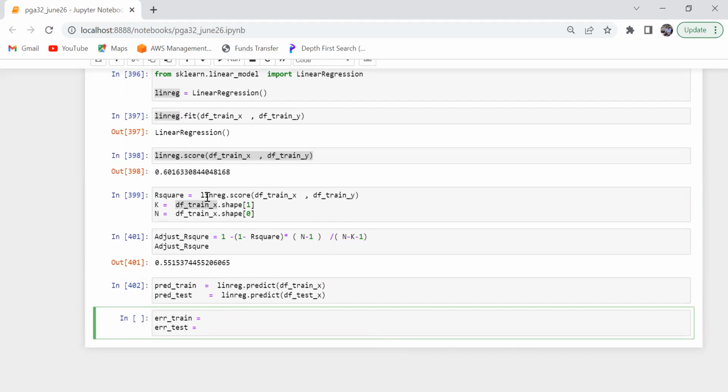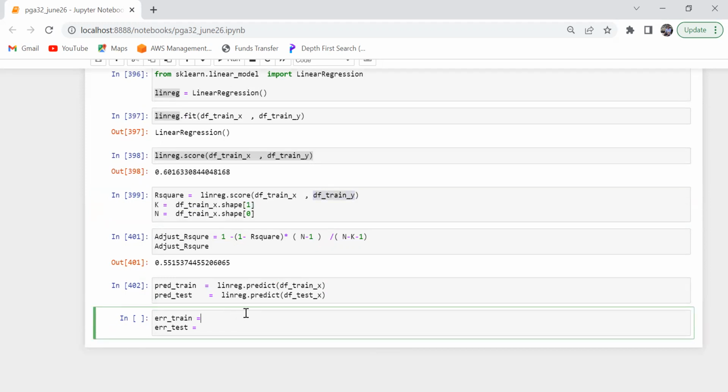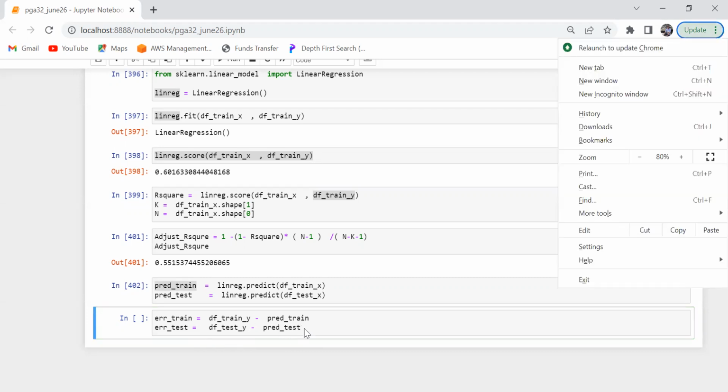So what is error? Error is nothing but actual minus predicted. So when you're doing prediction on train, the actual values will come from your df train y minus your predicted values. So these are your predicted values. Similarly, I'll copy this, put it over here, and train y की जगह कर देंगे test y, and predict train की जगह कर देंगे predict test. I hope people are clear till this point.